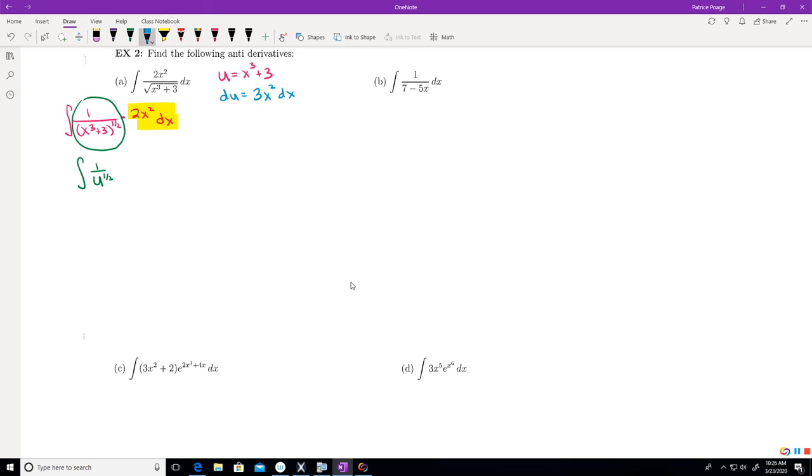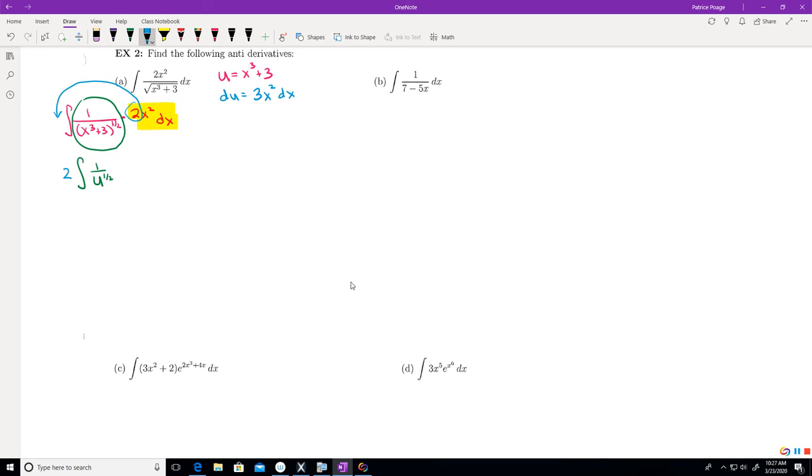So I have 3x squared, and I need 2x squared. A couple of different things you could do here. My favorite thing to do is, anytime you have a number just multiplied in there, you could actually take that number and pull it outside, because it's just being multiplied.